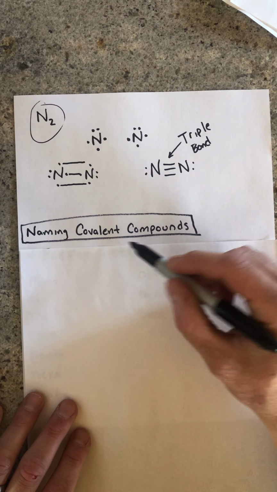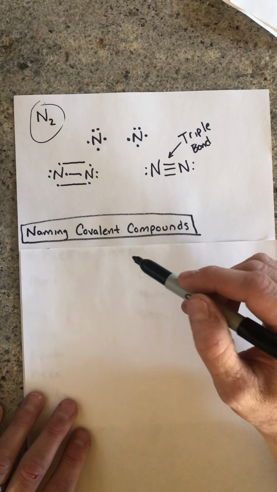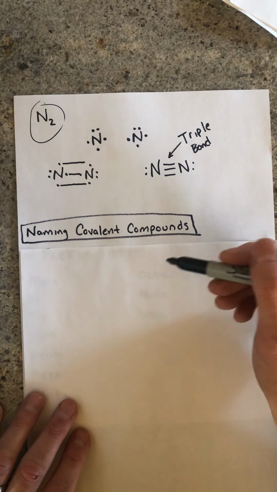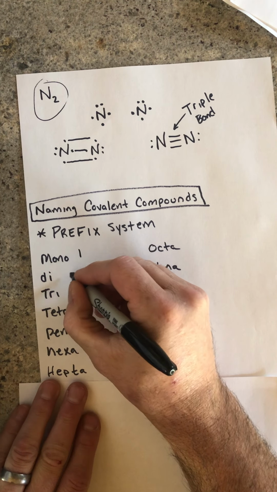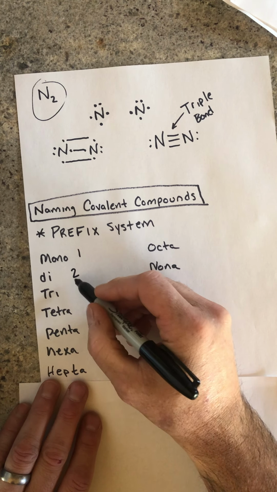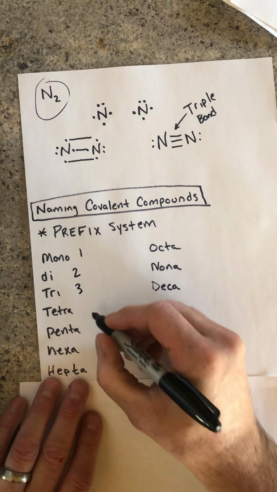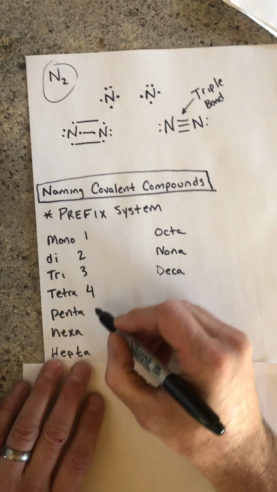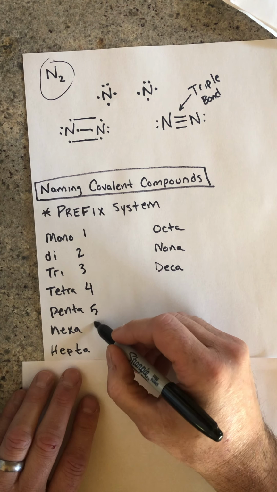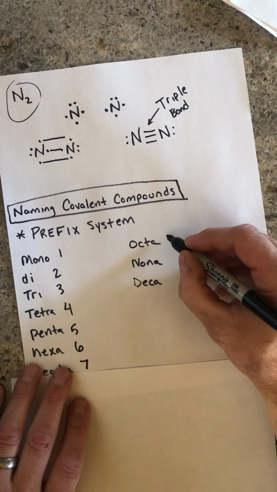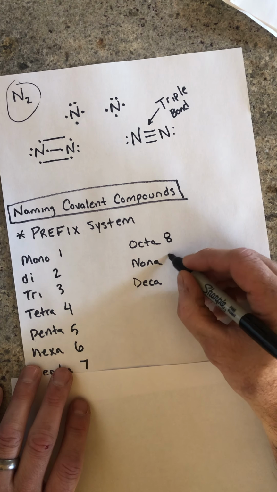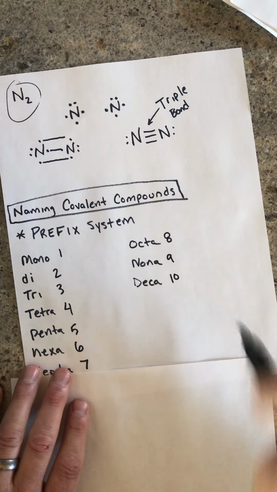And when we name these things, we use those prefixes like di, tri, tetra, and here they are. So mono is 1, di 2, that's where the carbon dioxide comes from. Tri is 3, tetra 4, penta 5, hexa 6, hepta 7, octa is 8, nona is 9, and deca is 10.